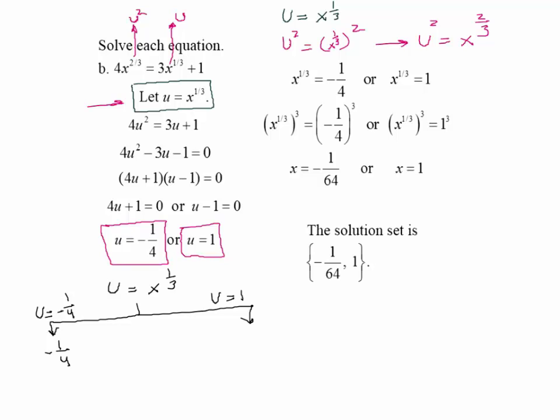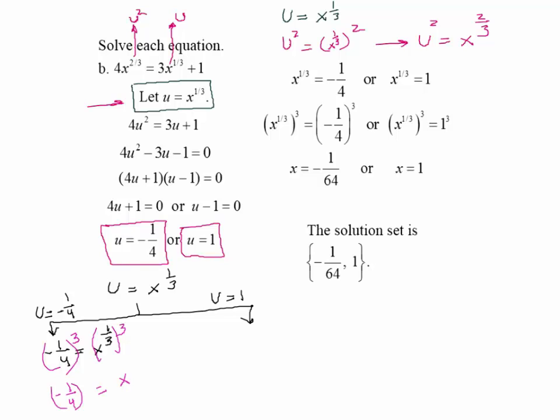Put them back into this equation. Minus 1/4 is equal to x to the power of 1/3. To solve for x, I have to eliminate that 1 over 3. All I have to do is raise both sides of this equation to the power of 3. Then I can solve for x.